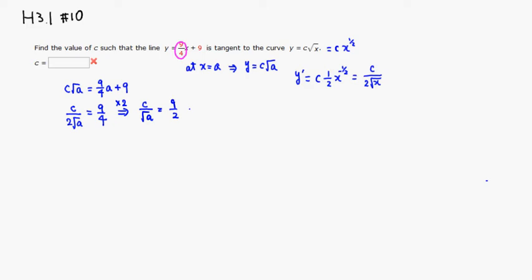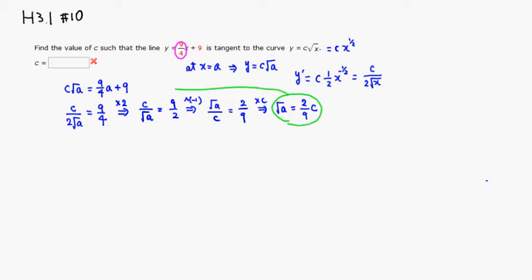Then since we're looking for square root of a, I'm going to take the reciprocal of both sides. We get the square root of a over c is equal to 2 over 9. Then we can multiply through by c to get the square root of a is equal to 2 over 9 c.